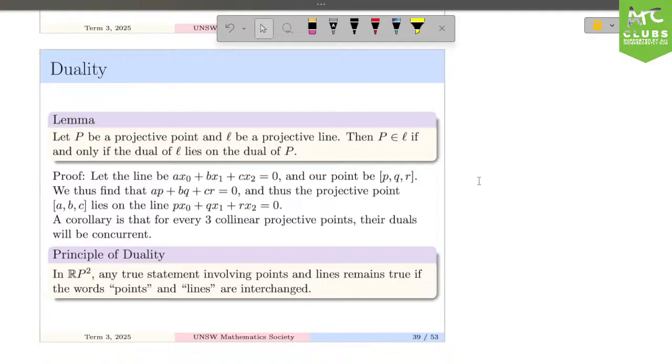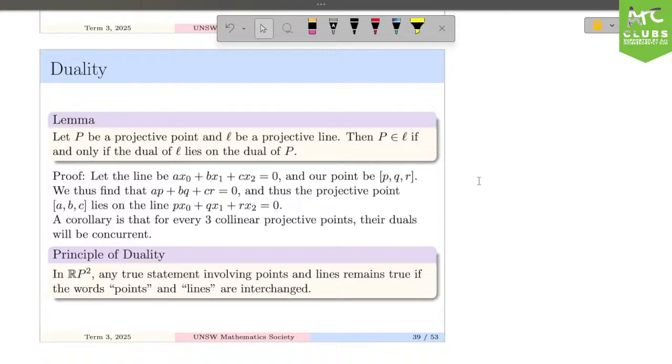Okay. And that brings us to the principle of duality, which is that in RP2, if we have some statement involving points and lines, then if we swap the words points and lines, and possibly swap a few other words due to like a point being on the line becoming the line being on that point, then the truthiness of that statement is conserved.